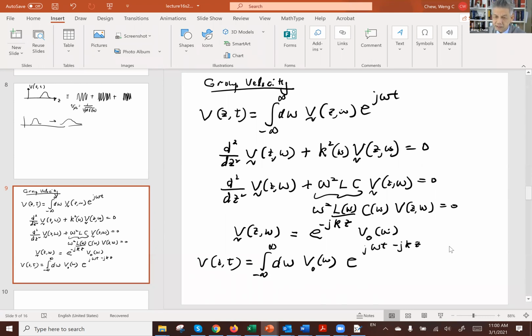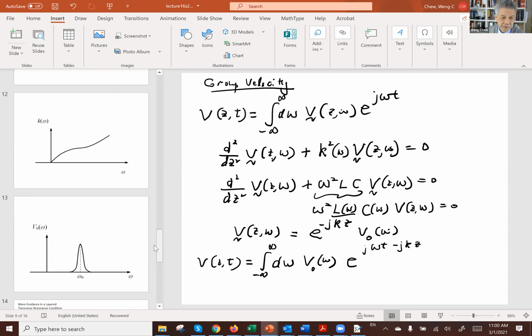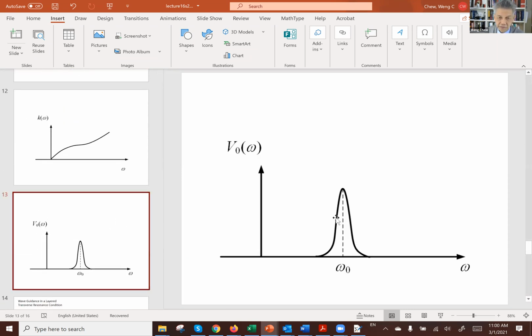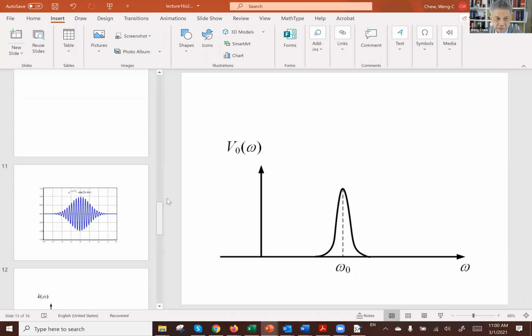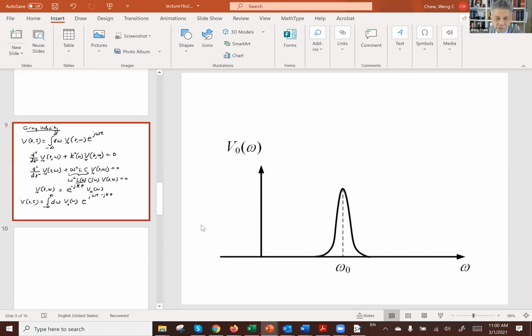In order to analyze this wave, the best is actually to make an approximation of the integrand. And we assume that we have a narrow band signal. Assume that the signal is narrow band as this one over here. So V0(omega) only has Fourier components centered around the frequency omega naught.